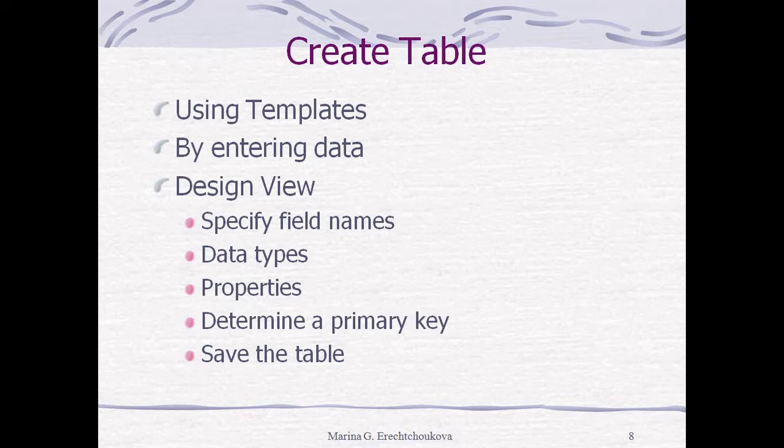You will have to determine something called the primary key. What primary key is will be explained to you later, and then save the table. And after it you can enter data. So design view is the technical or detailed way of creating a table. The recommended one is design view, because you will have to specify each and every detail to create a table. Hence it will be a perfect table if you create it in design view.